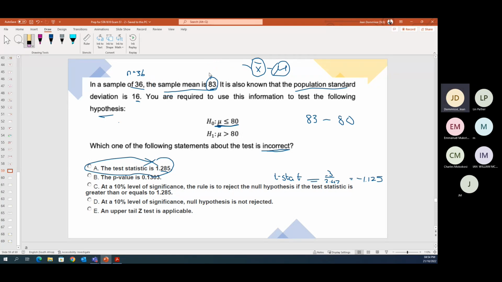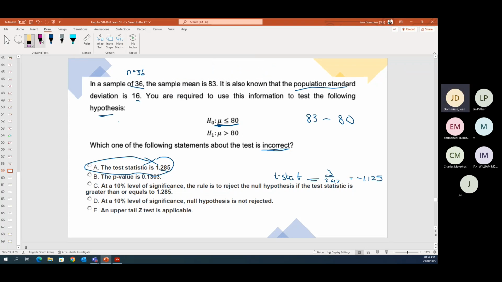First principle is the sample mean, study unit 1 that we did way back in March, April. It's the same as that. They tell us the sample mean is 83, so you are absolutely spot on.